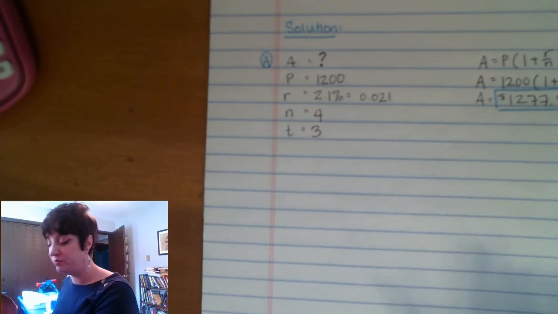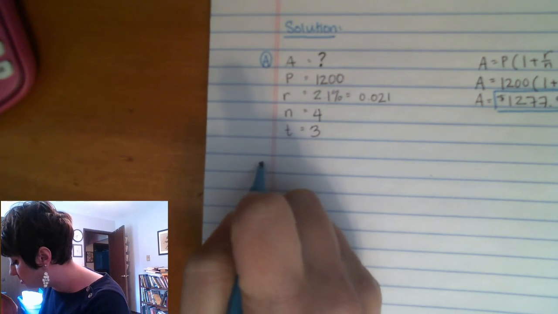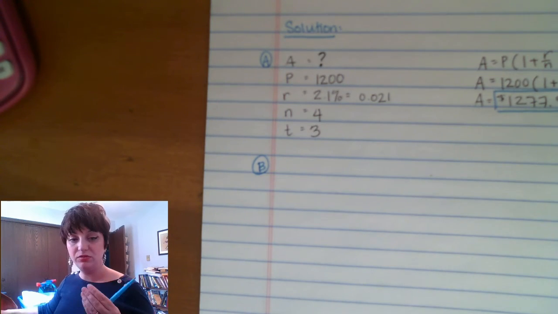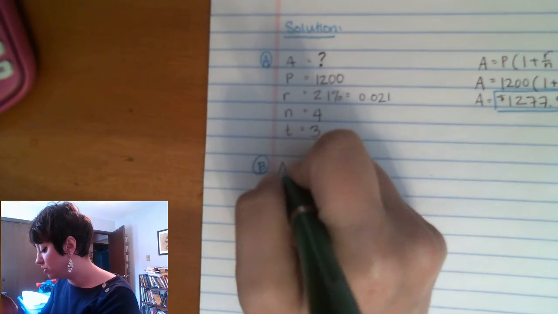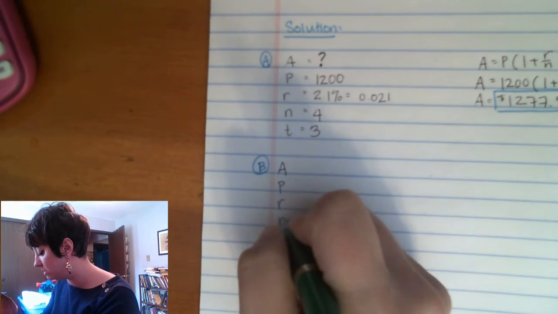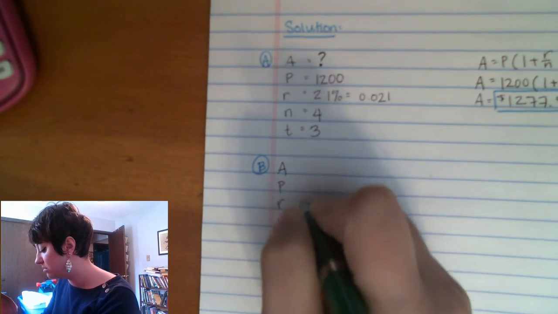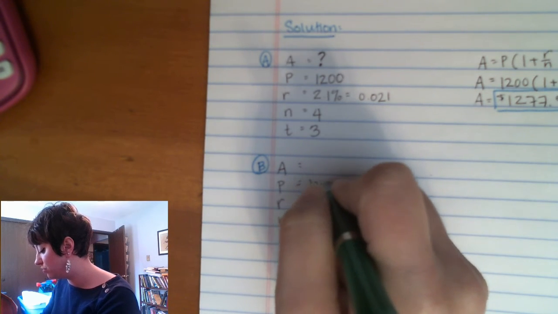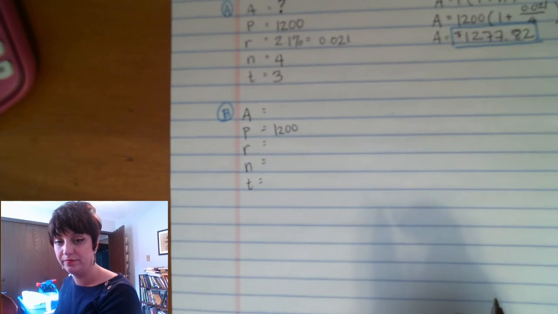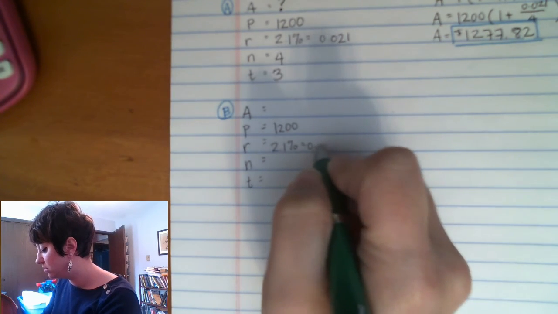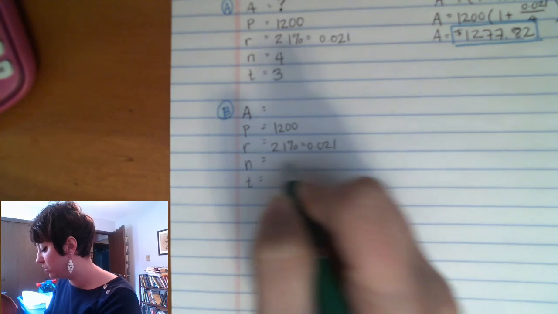Okay, so B said it's compounded monthly. So I'm told something other than continuous, so that means I have to use this equation. The principal is 1,200. The rate is 2.1%, which is 0.021.